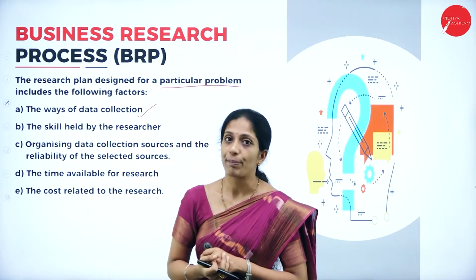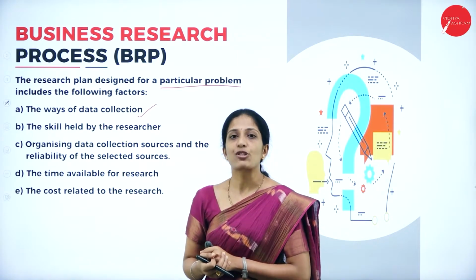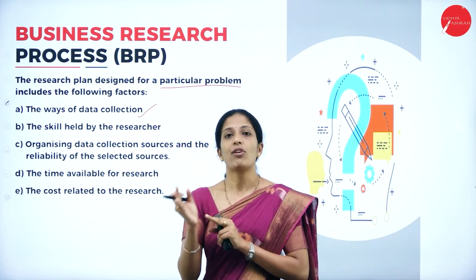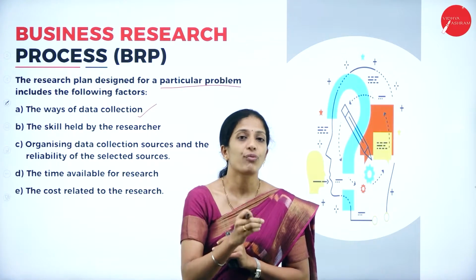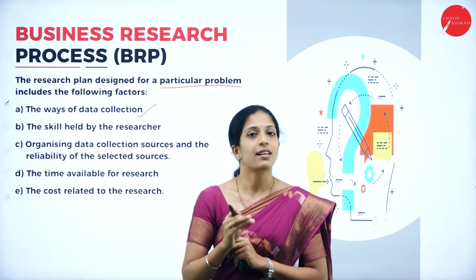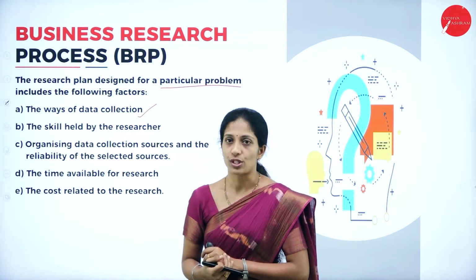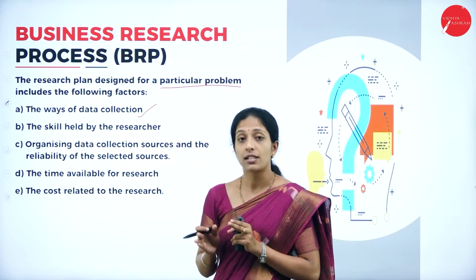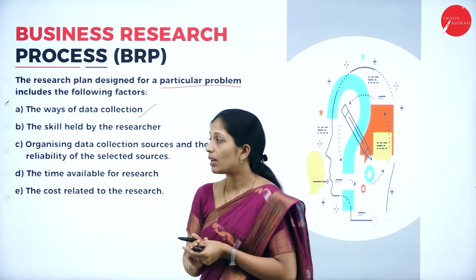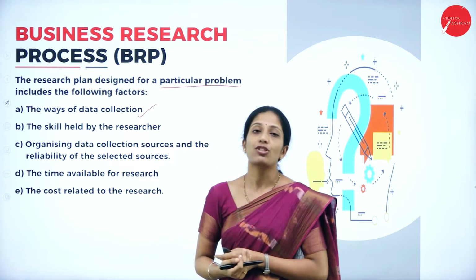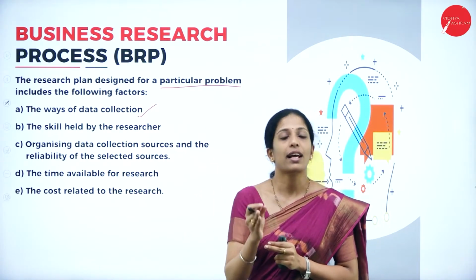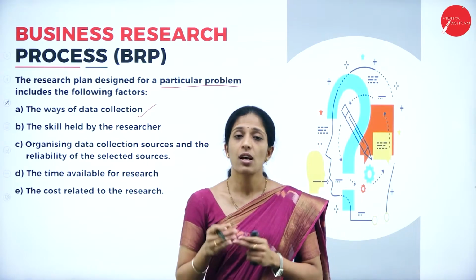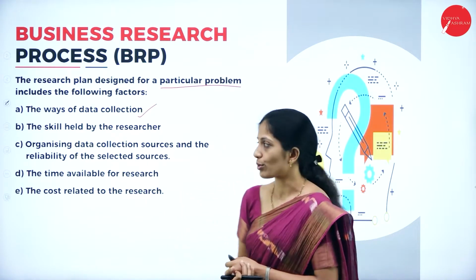That is known as primary sources. And secondary sources of data means they are already published data from where I am going to take that. That is known as secondary sources. So through a proper business research plan, because it is decided in advance, we will come to know the ways to collect the data, whether the data can be collected through primary sources or through secondary sources.